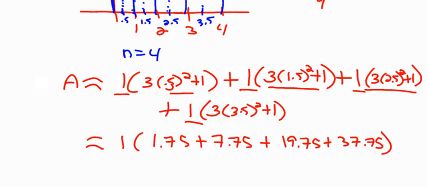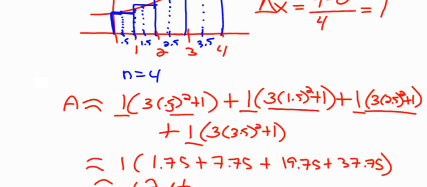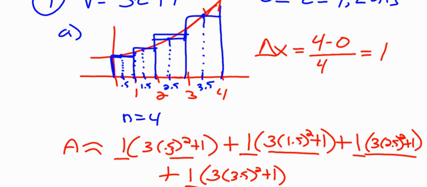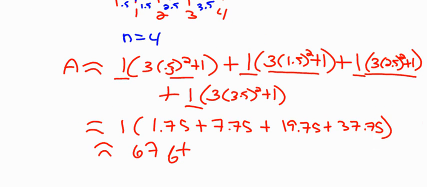And when I calculate that, I get approximately 67 feet. So that is going to be the displacement of this velocity. So that is what I'm talking about as far as the area under the curve. But it's not feet squared because I'm talking about velocity. So that is the first example using the midpoint.